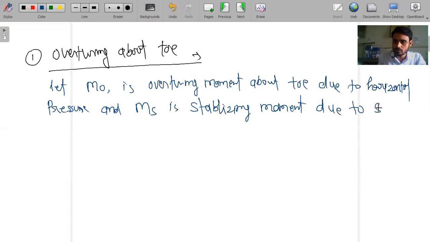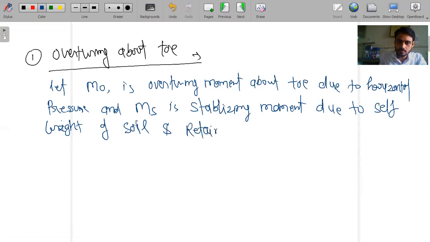due to self weight of soil and retaining wall. At that condition, if we analyze these two values, MO is the working value and MS is the stabilizing moment. That means this is the design value, the factored value, the ultimate value.